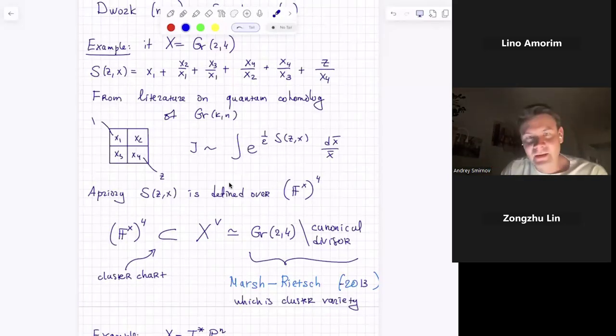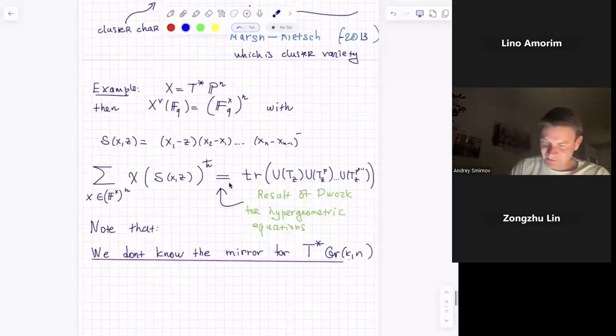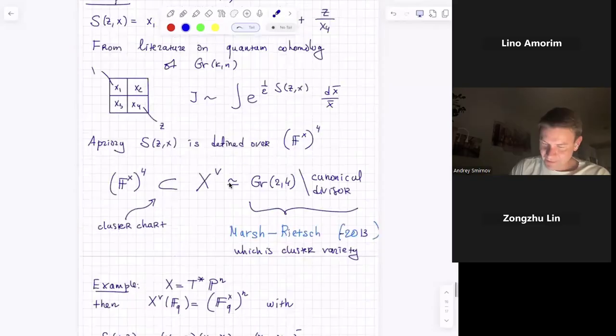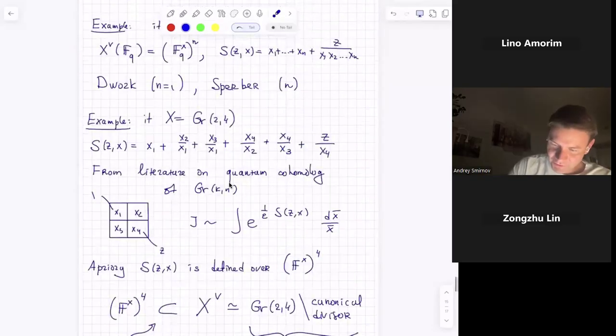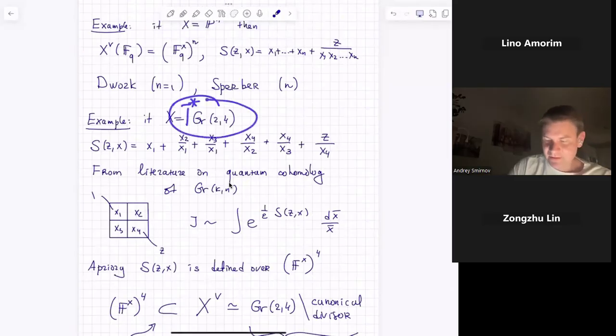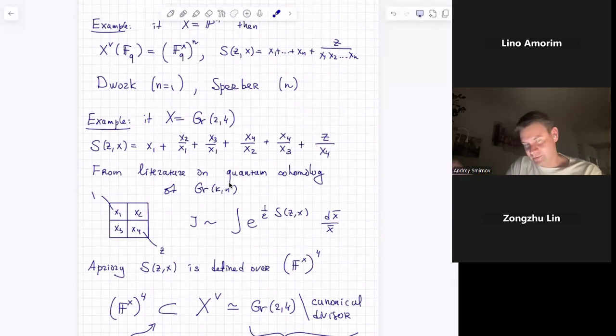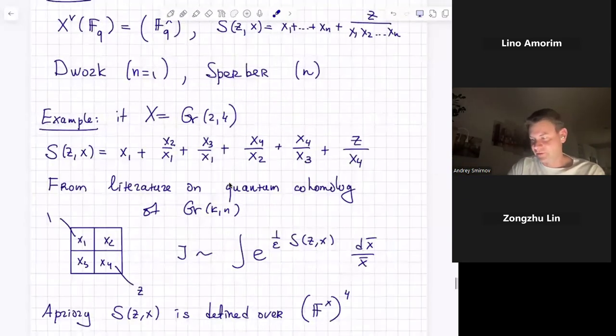But there are many more examples in which I don't know what this mirror is. For instance, if you take the cotangent bundle of the Grassmannian, it's going to be a Nakajima variety. And again, using the formula I mentioned before, you can compute the Frobenius intertwiner or Frobenius automorphism, and you can compute its trace.